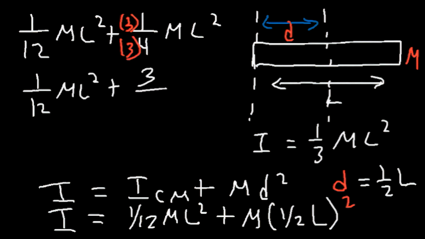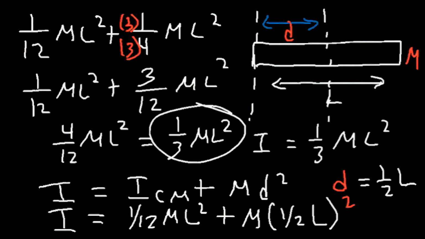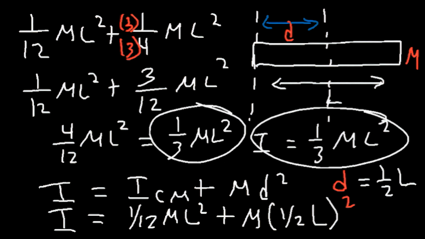So 3 times 4 is 12. 1 over 12 plus 3 over 12 is 4 over 12. And if you divide the top and the bottom by 4, 4 divided by 4 is 1, 12 divided by 4 is 3. So this is going to be 1 over 3 mL squared, which is equal to the inertia when the axis of rotation is at the edge.